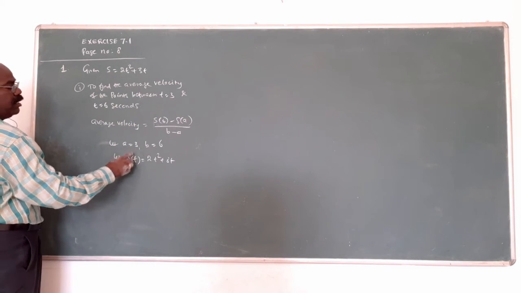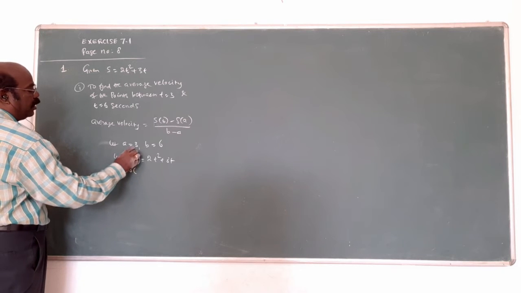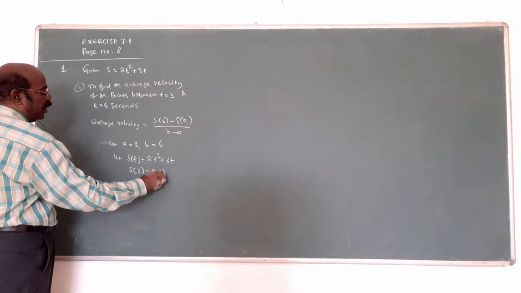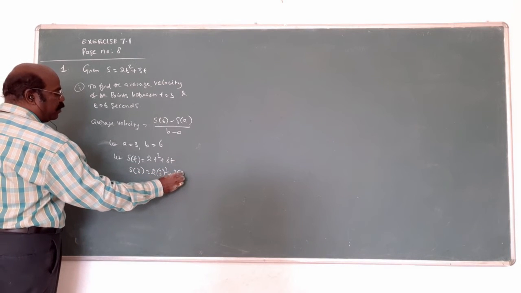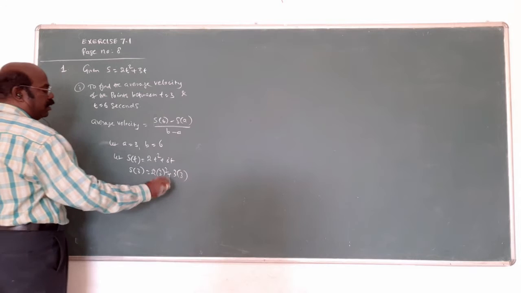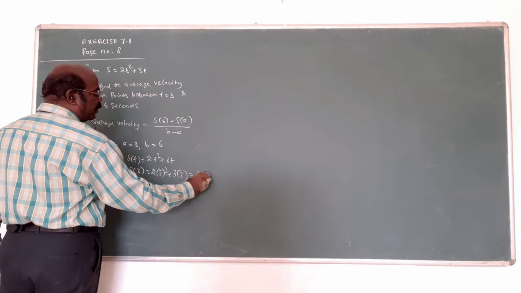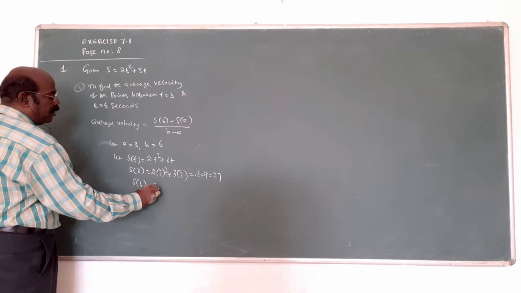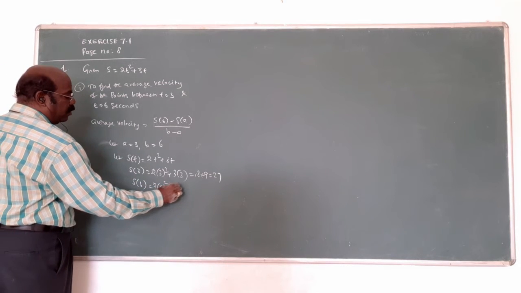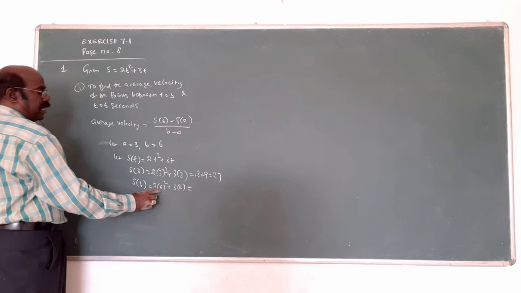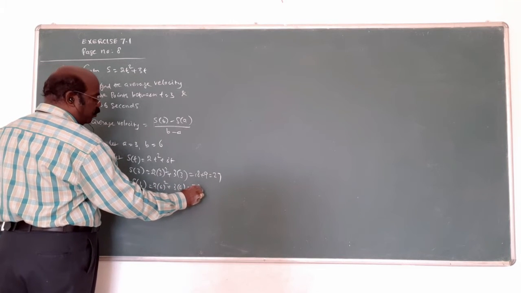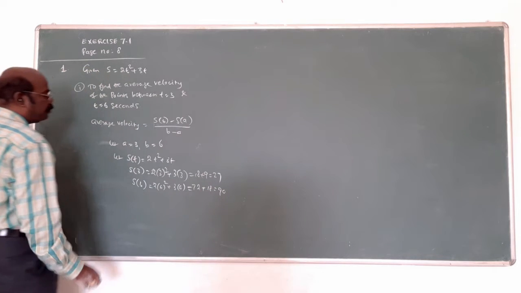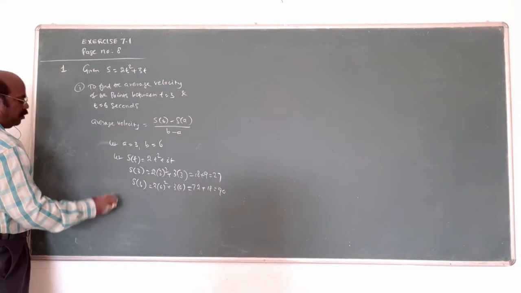When a equal to 3, s of 3 equal to 2 into 3 square plus 3 into 3, 18 plus 9, 27. The s of 6 is what? 2 into 6 square plus 3 into 6, 72 plus 18 equal to 90.